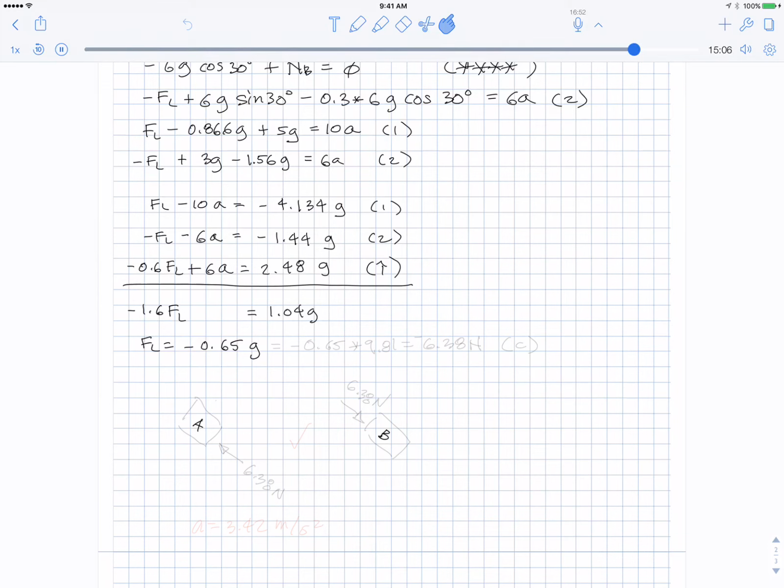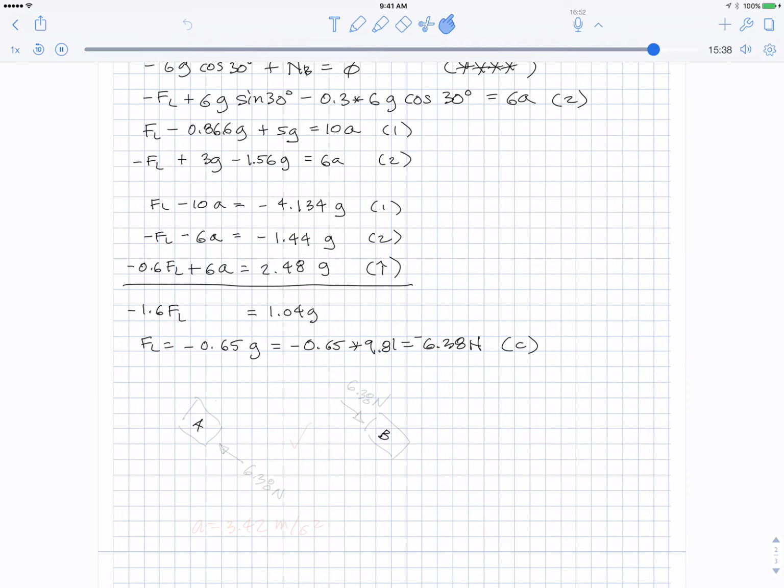And this problem is in kilograms and meters per second squared. So minus 0.65 times 9.81 equals 6.38 newtons. So the force in the link is not in tension, it's in compression. So there we go.